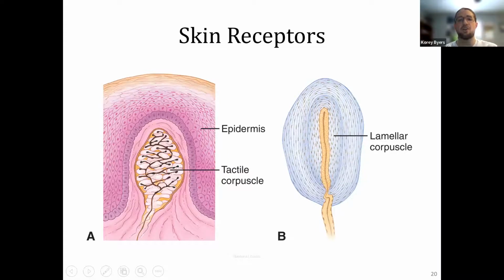That's a tactile corpuscle. Corpuscle is large. And so this is going to allow for big pressure. When you've been hit or touched, it's not that light touch response, it's the heavy touch response. And so it's a skin receptor, this large tactile corpuscle in the dermis.